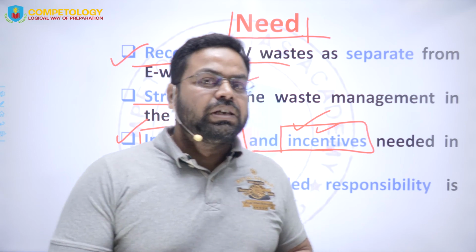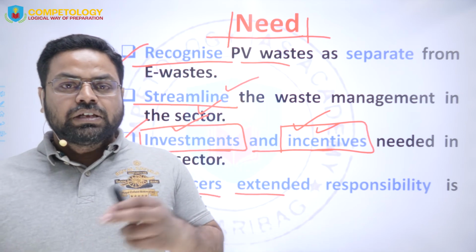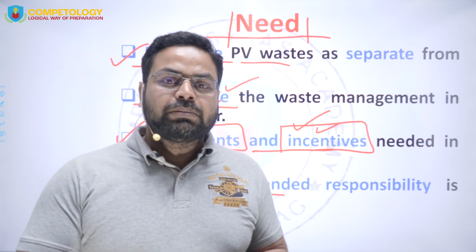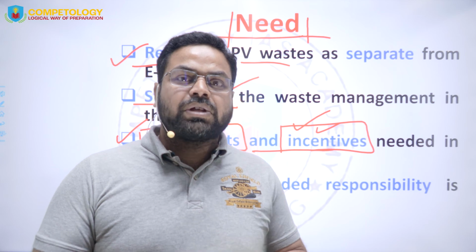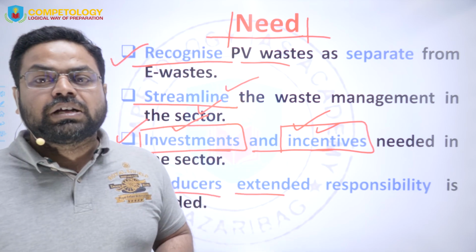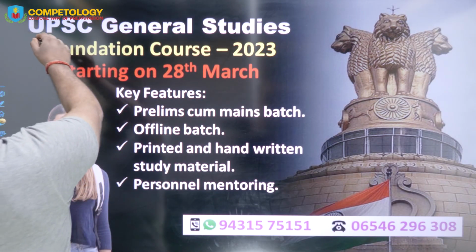They know the technology used, they know how to use it, recycle it, refurbish it, and extract the utilizable materials from the waste of the PV sector, and to reintroduce it in the manufacturing system. So they will be very helpful.